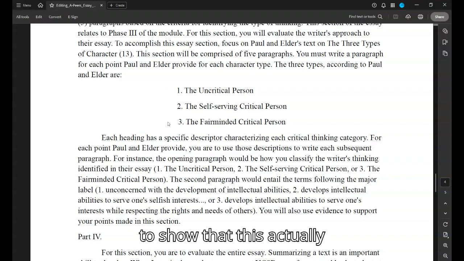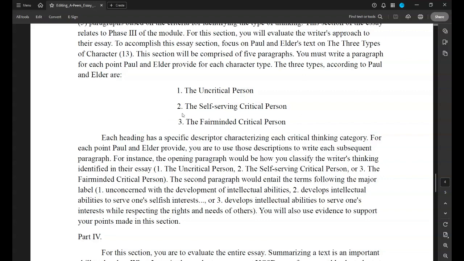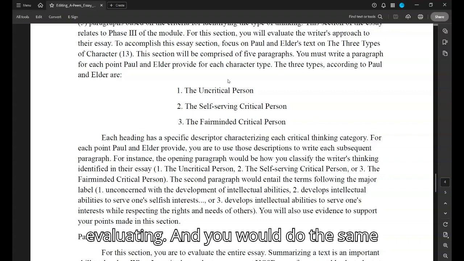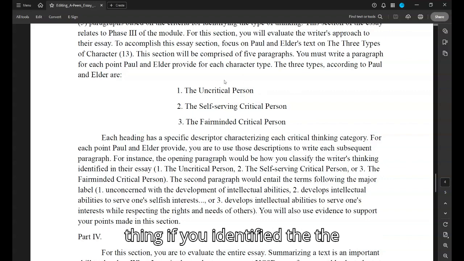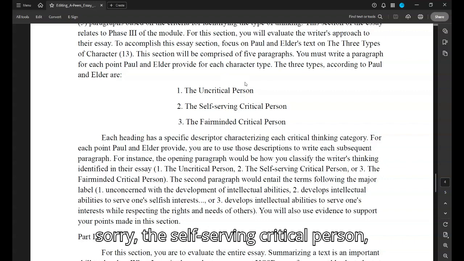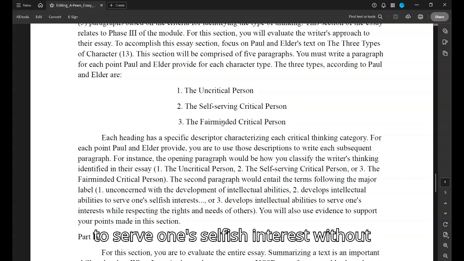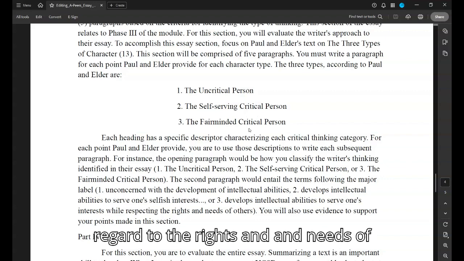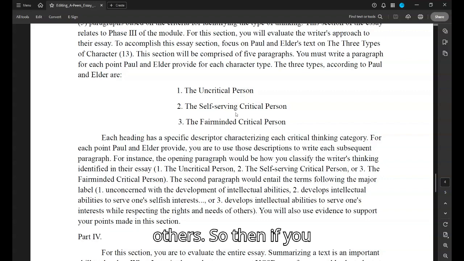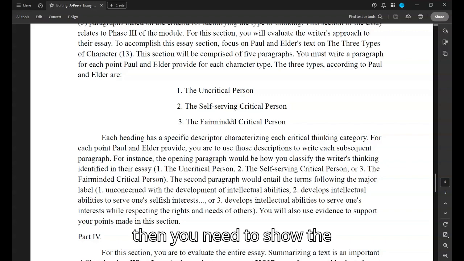And you have to show that this actually exists in the paper that you are evaluating. You would do the same thing if you identified the writer as the self-serving critical person, who develops intellectual abilities to serve one's selfish interests without regard to the rights and needs of others.